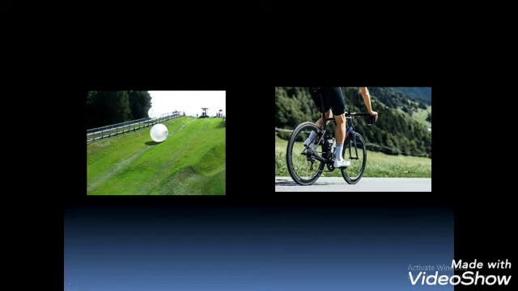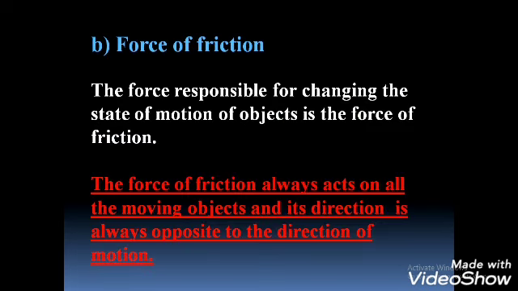The force of friction always acts on all the moving objects and its direction is always opposite to the direction of motion. Since the force of friction arises due to contact between surfaces, it is also an example of a contact force, right? So we can say that the force of friction is a very important contact force. The force responsible for changing the state of motion of objects is the force of friction.